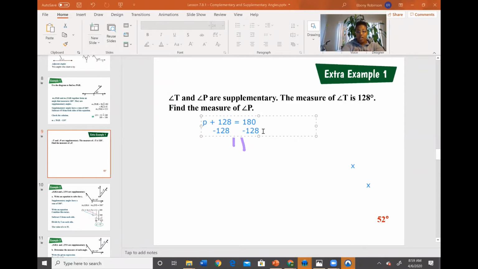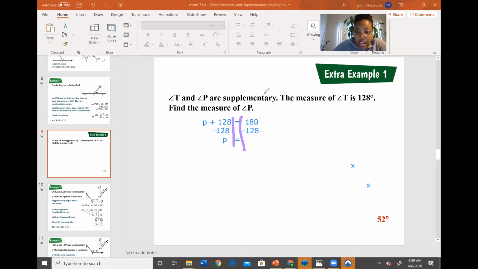So that leaves me with P equals 180 take away 128. I'm going to make my line a little skinnier. I did not make my line skinnier.